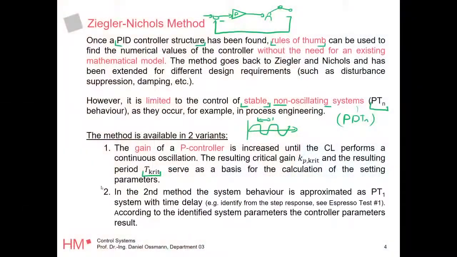And this method is you take your model, you do an experiment, you basically plug in a step response, a step input, and remember, we're assuming a simple PTn behavior. And whatever comes out of it, you take that answer and approximate that system with a PT1 system with time delay.